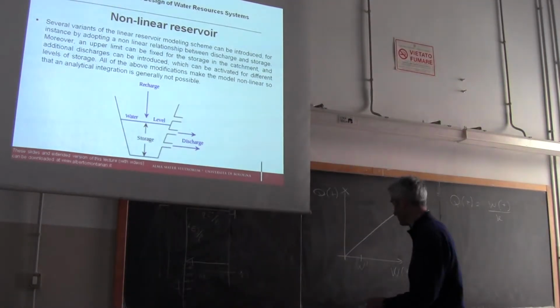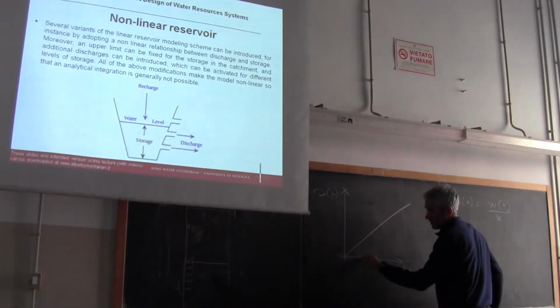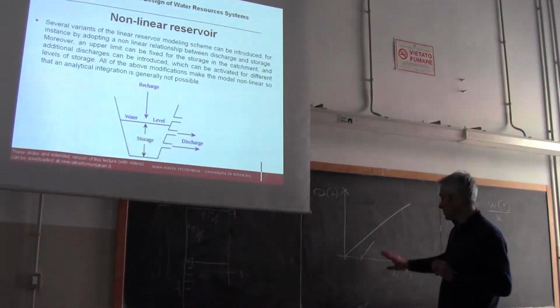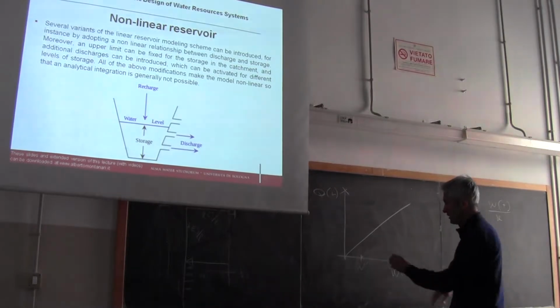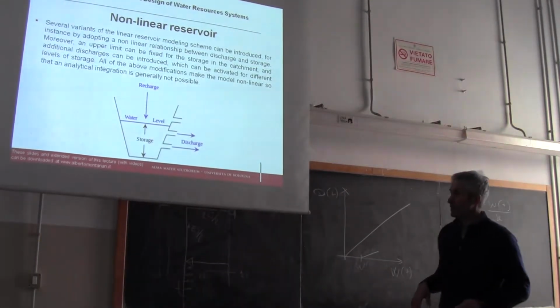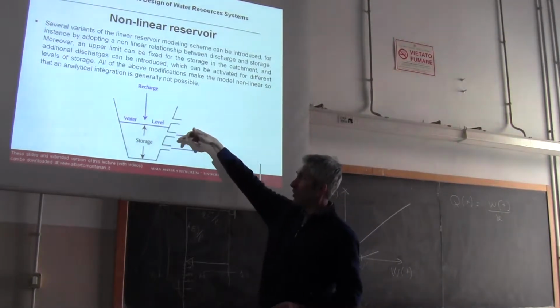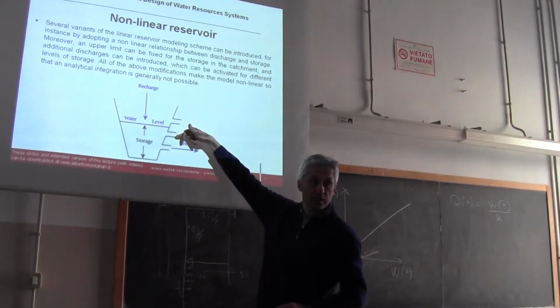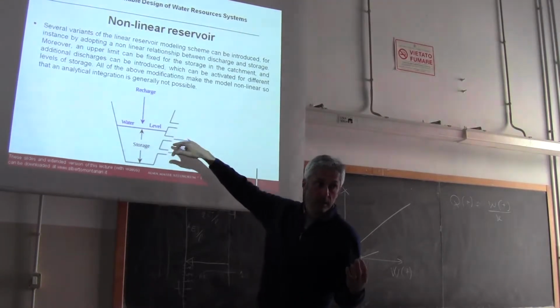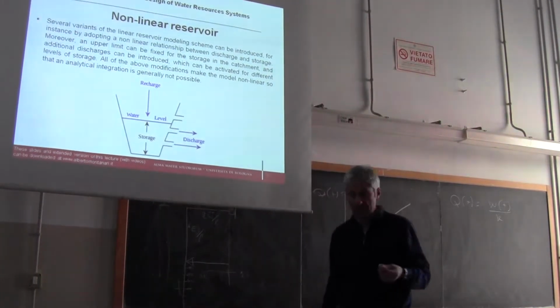And then it may be a linear relationship, a linear relationship with the reduced slope. And then you get to a volume that we can denote as W double prime, where the second discharge is activated.